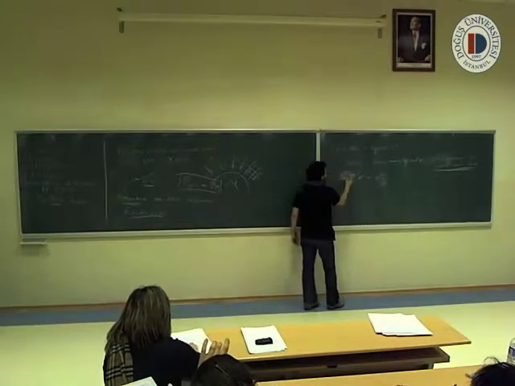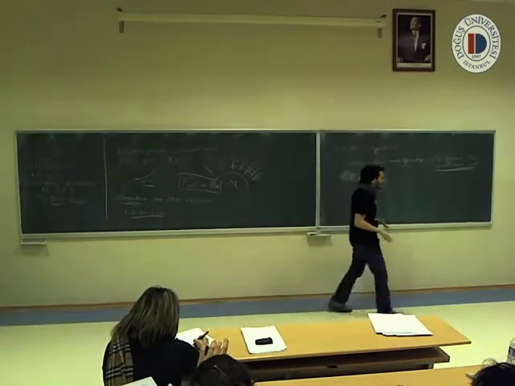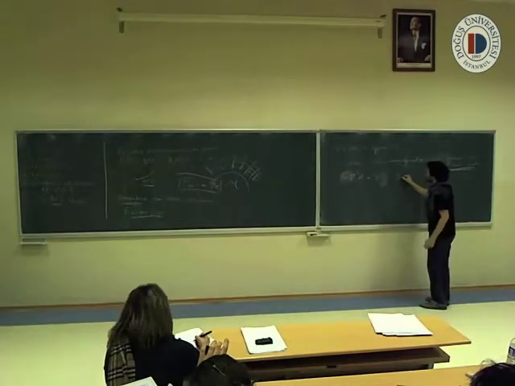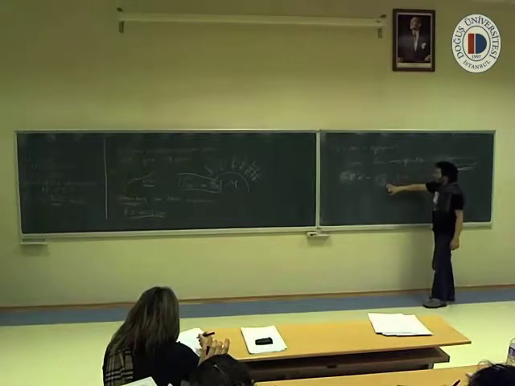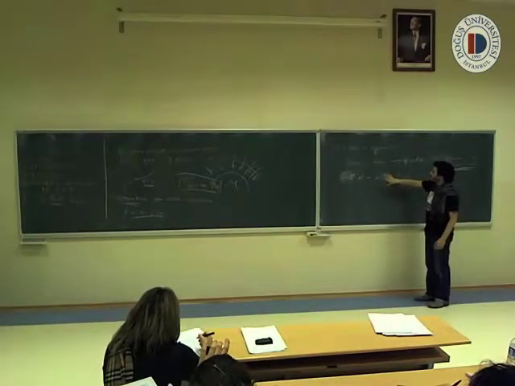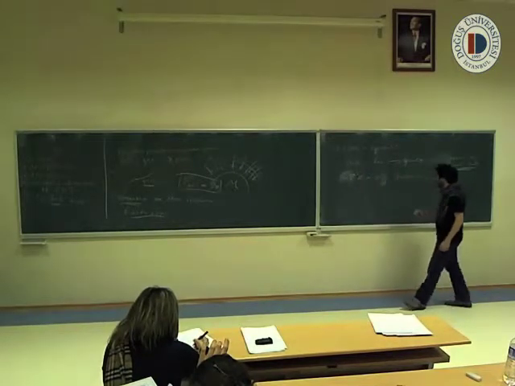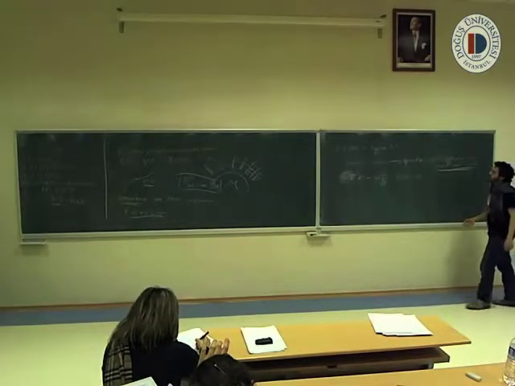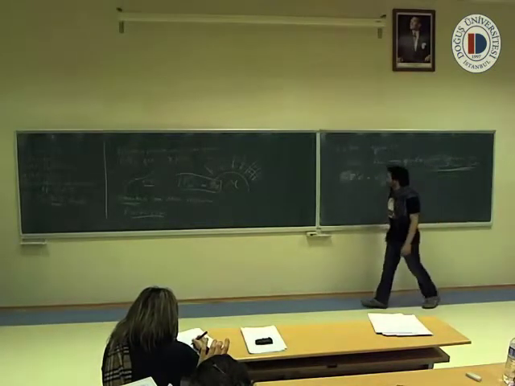Oh, there's a minus sign. This is the same equation as you write down in electromagnetism, of course. This is just Poisson's equation. In the case of electromagnetism, it tells you how the charge density generates an electric potential. In this case, it's just how a mass density generates a gravitational potential.